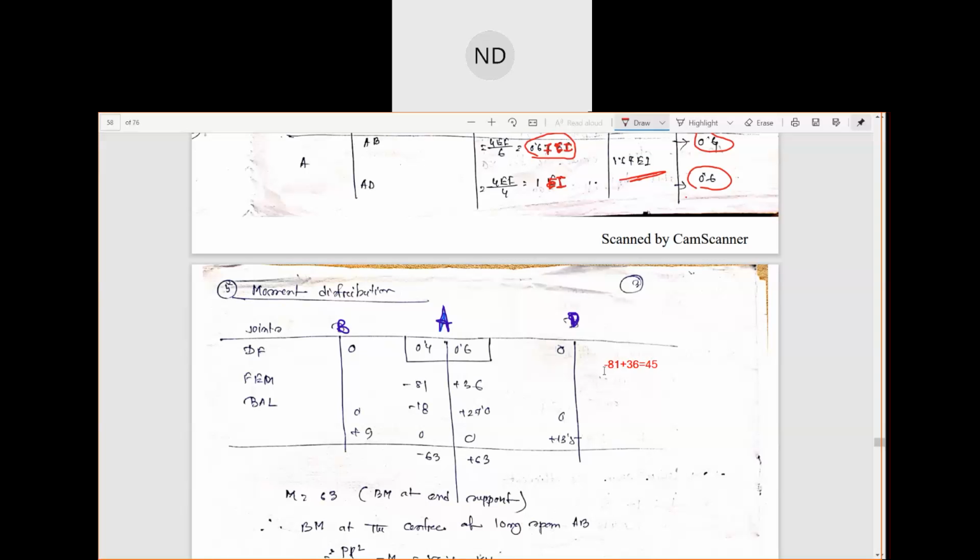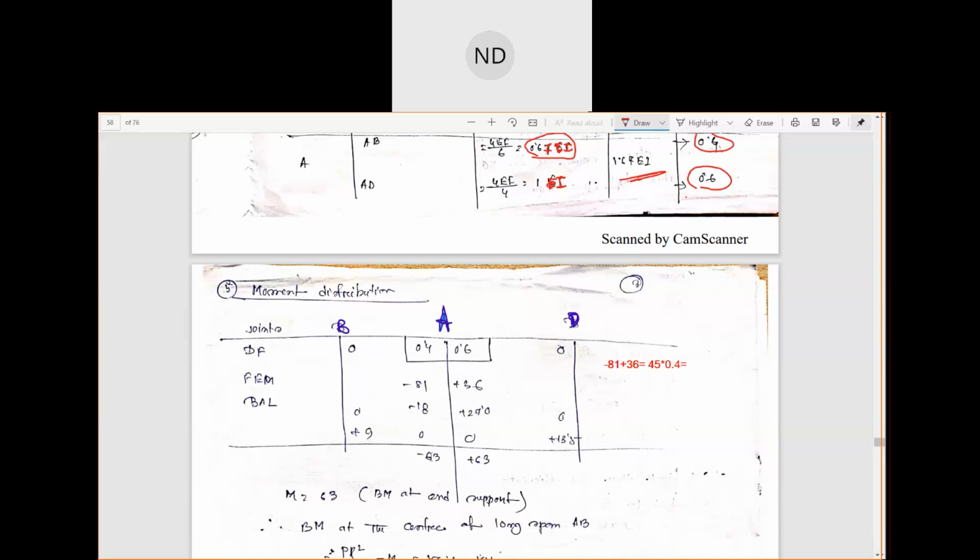So this minus this, you have got 45. Now that 45 into 0.4, we will get the value 18.